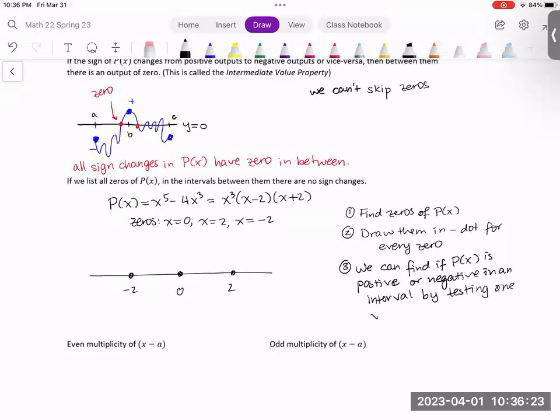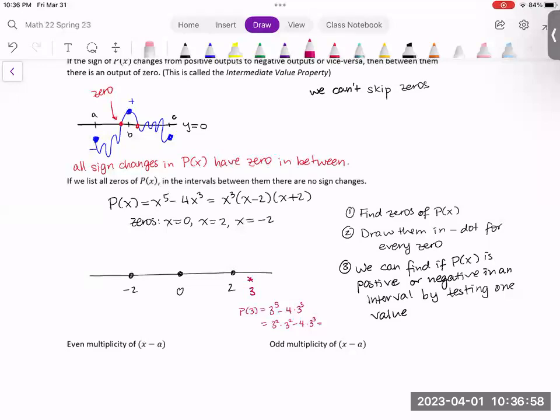By testing, I just mean that if you take some point, let's say 3, in the interval 2 to infinity, we can calculate what p of 3 is. P of 3 here was 3 to the fifth minus 4 times 3 cubed. So this is 3 squared times 3 cubed minus 4 times 3 cubed.